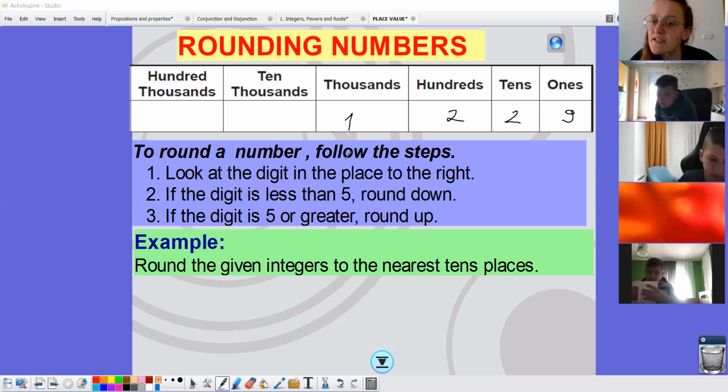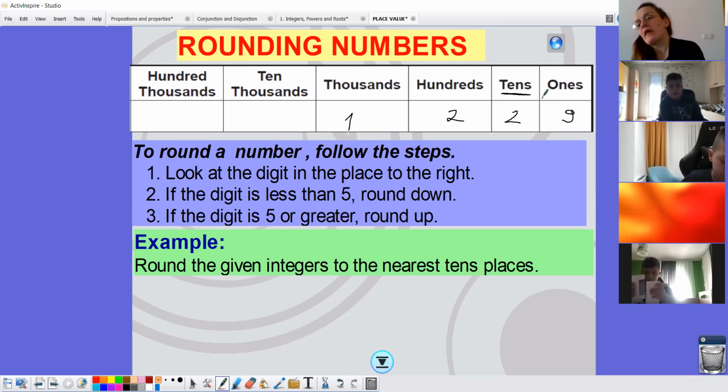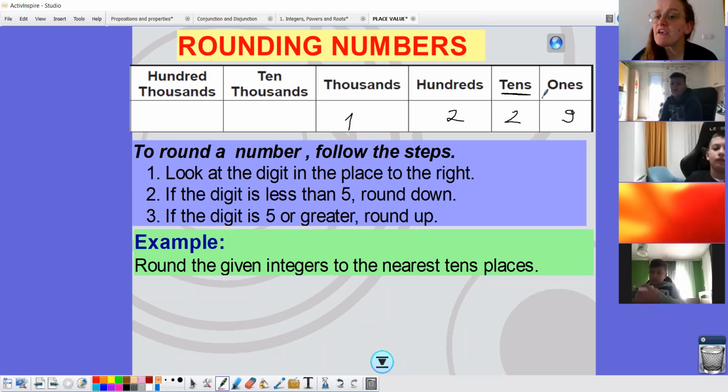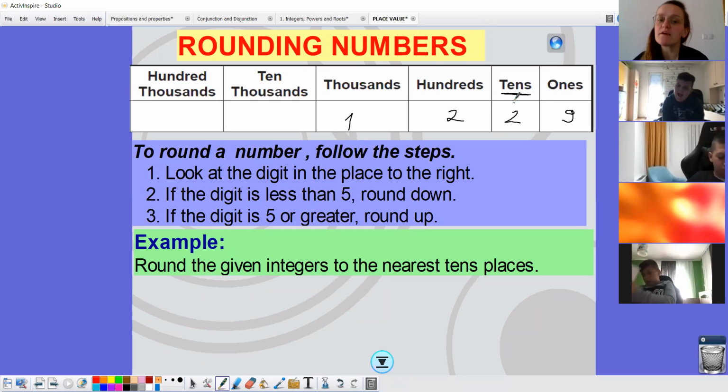Now, if I want to round this number to the nearest tens, we have different rounding properties. If we are rounding to the nearest tens, we'll check the digit on the right here. So what is this digit? It's 9.